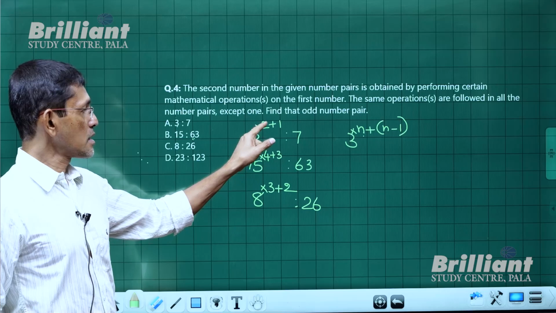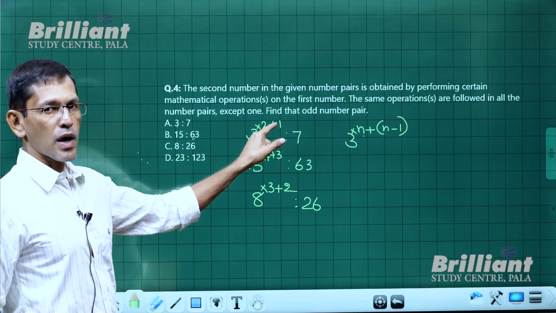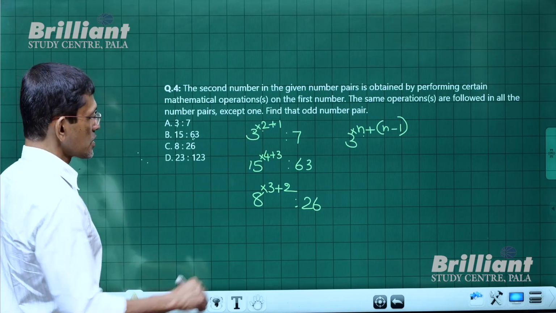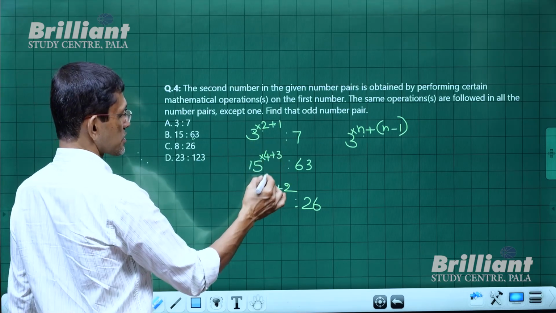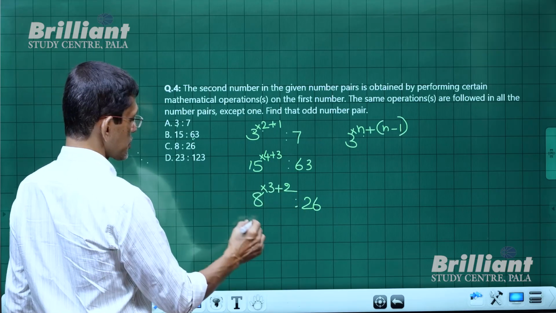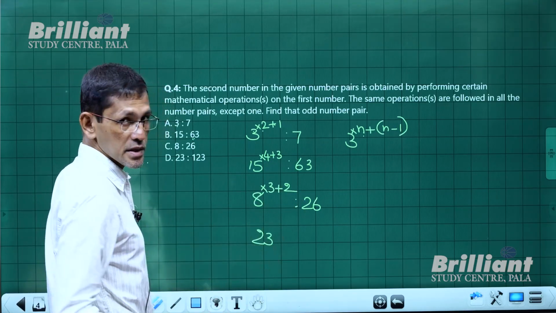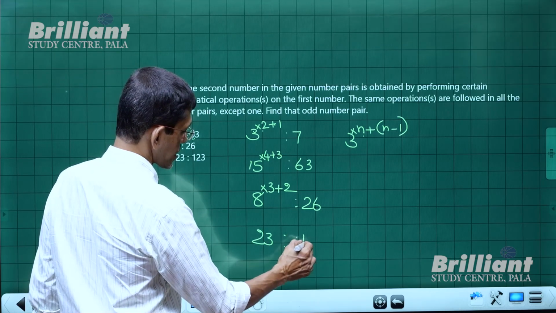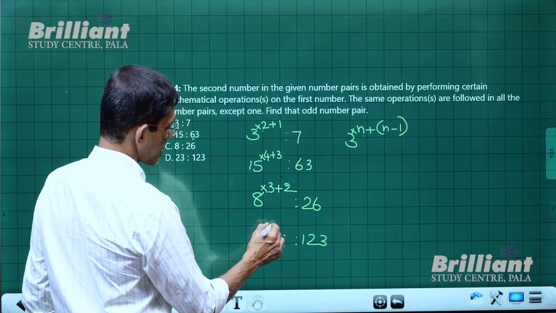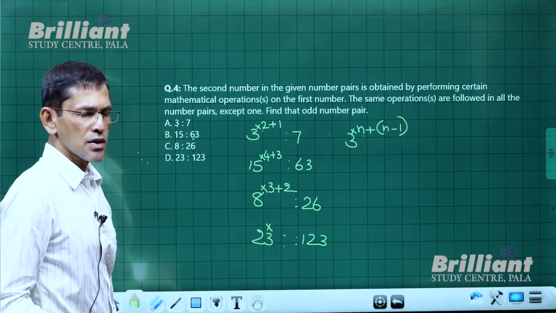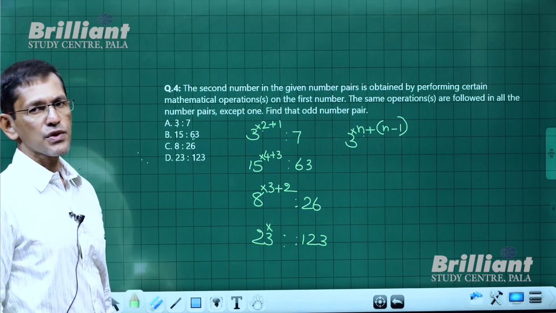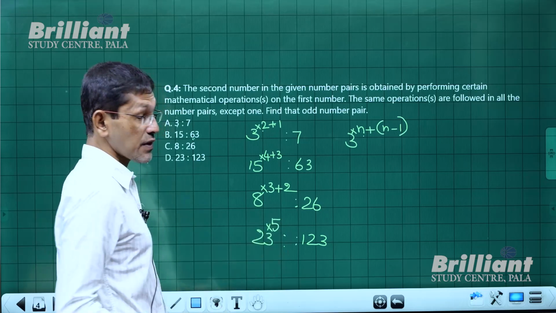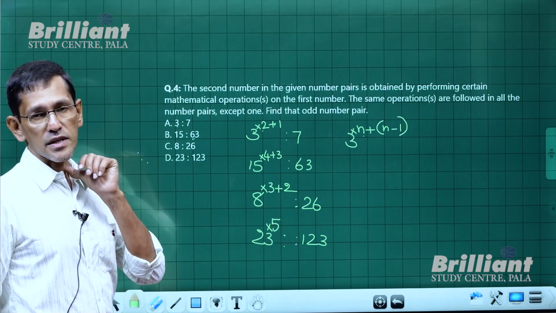So three of these pairs are in that pattern. Multiply with a number, then add a number which is 1 less than the number you used for multiplication. So into 2 plus 1, into 4 plus 3, into 3 plus 2. And how about 23? Does it follow the same pattern? 23 must be multiplied by something, and what we need to get is 123, right? 25 into 25 is 125, right? So 23 into 5, how much is that? 20 into 5, 100. 3 into 5, 15.